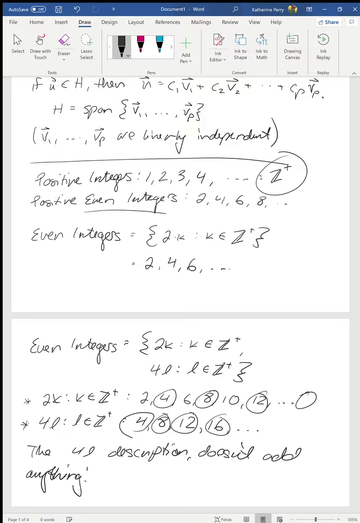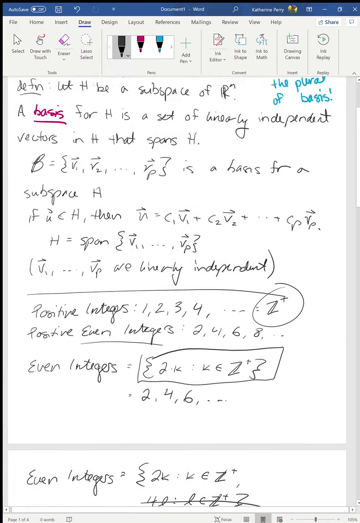And so if I wanted to describe the even integers, the most efficient way to do that is with this first description up here, and so to not include this. And even though this is integers, I can sort of think of this description as 2 times k as, in some sense, linear combinations of 2. It's multiples of 2.